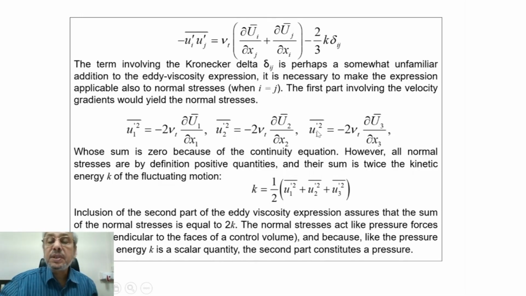I'm sorry, this is a mistake. This u3 prime square bar, like u2 prime square bar and u1 prime square bar, will be equal to minus twice nu t del x3 of u3 bar.